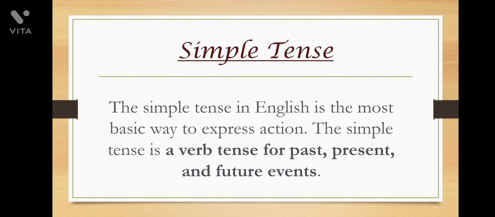The simple tense in English is the most basic way to express action. The simple tense is a verb tense for past, present and future events. The things which happened in past, which is happening in present or is going to happen in future.